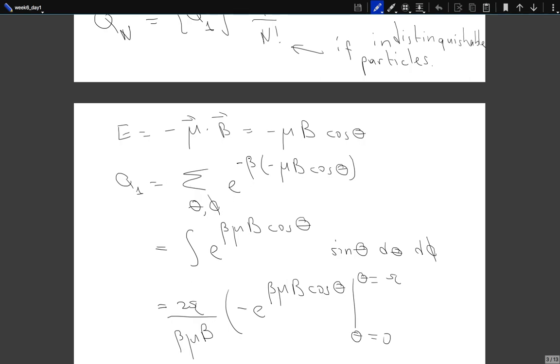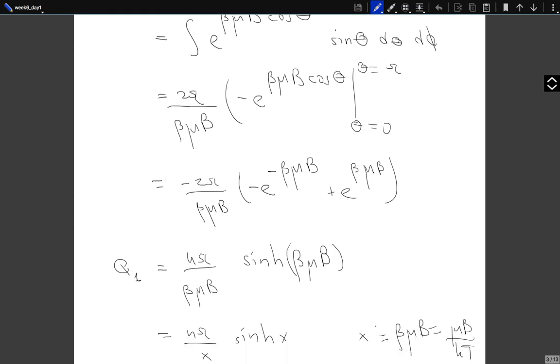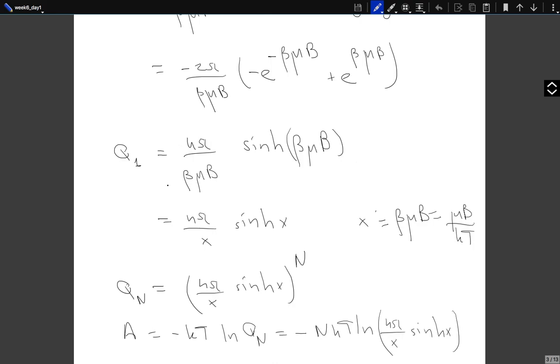So it's e to the power minus beta times this energy value. The sum over different orientations is nothing but integration over both theta and phi over all the solid angle. And at the end of the day, this is the partition function we had obtained.